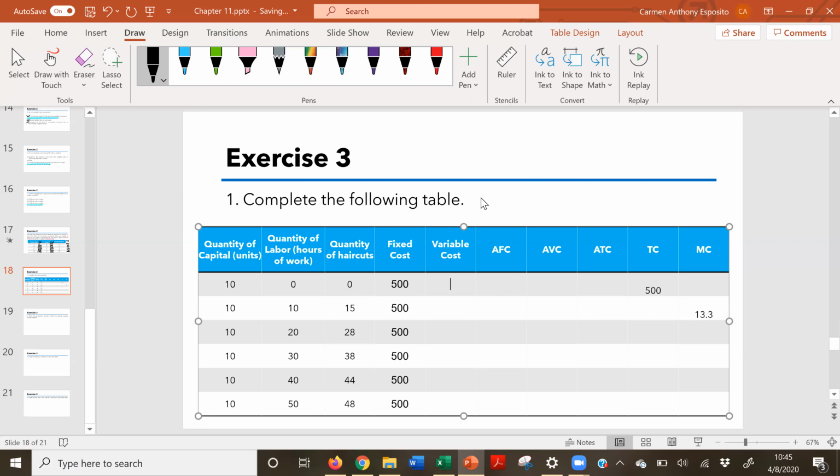And variable is this. We found it in the last slide. Then we can add the two.